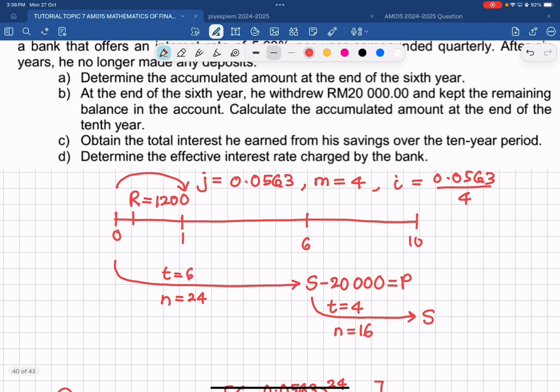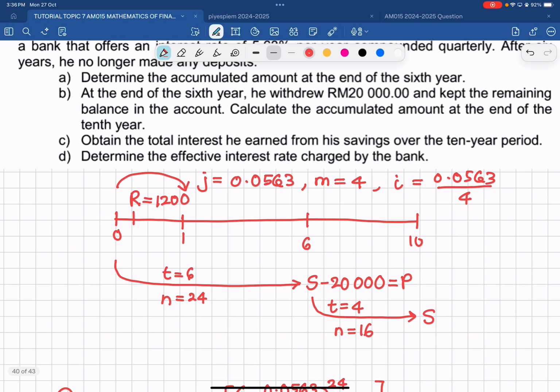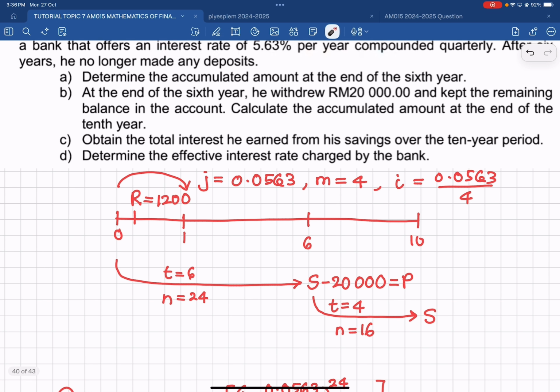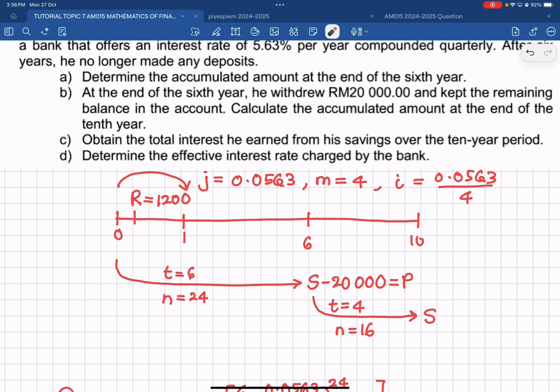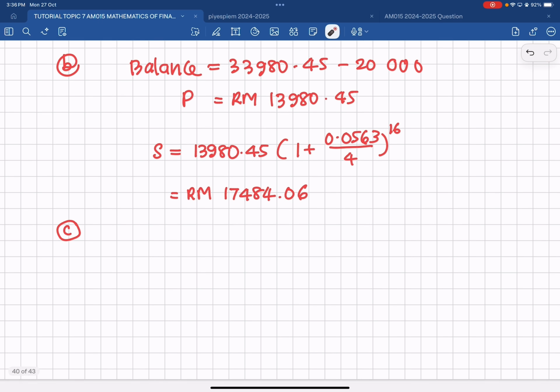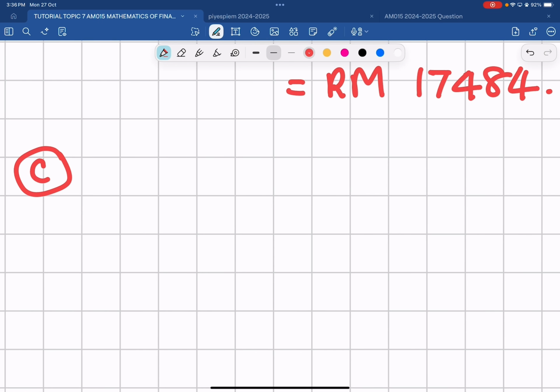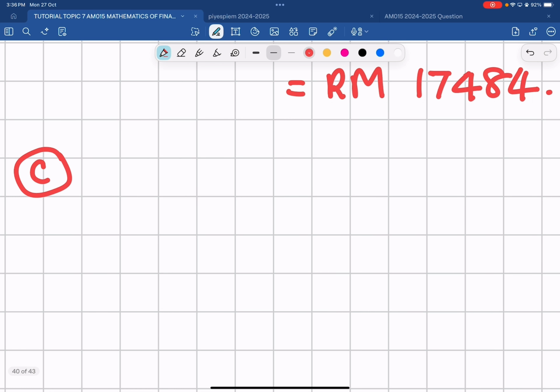Obtain the total interest he earned from his saving over the 10-year period. So we have to calculate a different interest. Sebab kat sini tadi future value annuity, yang ini pula compound amount. So it is a different interest. Untuk future value annuity saya tunjuk satu-satu ya. Kalau kita cari interest untuk future value annuity, S tolak dengan Rn.